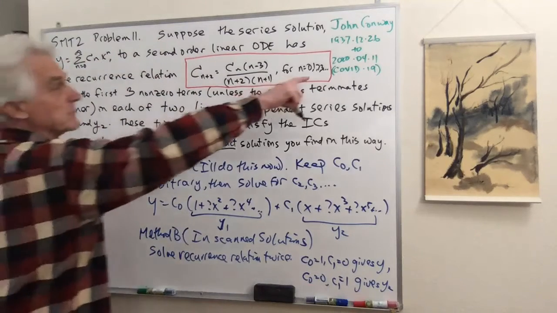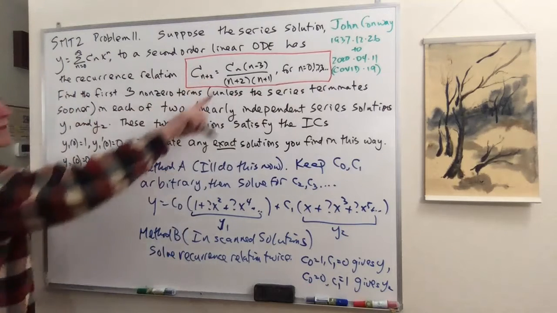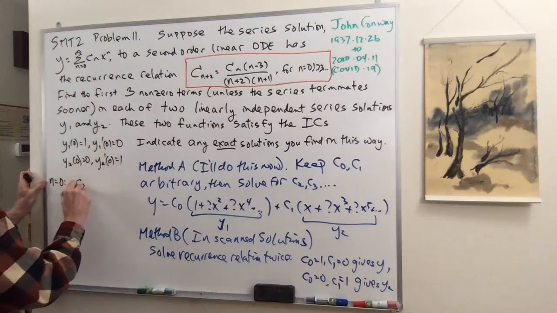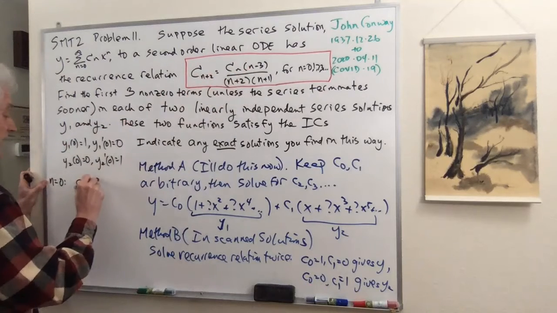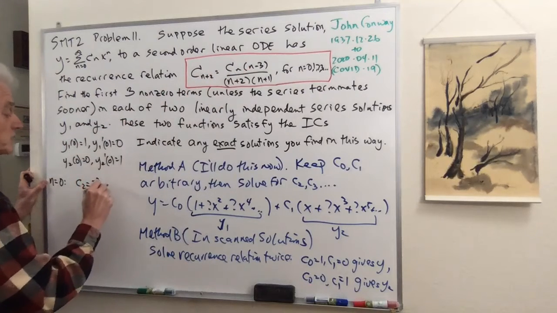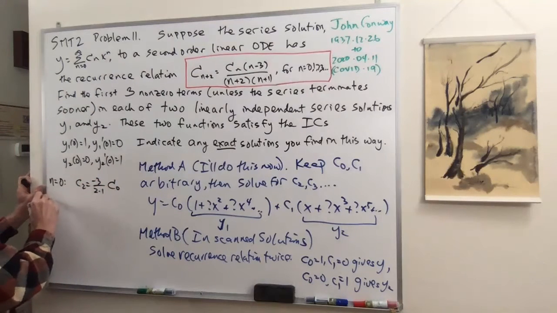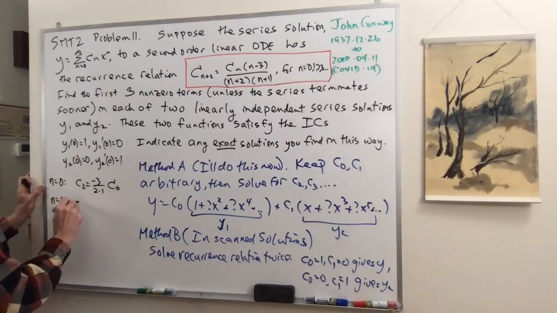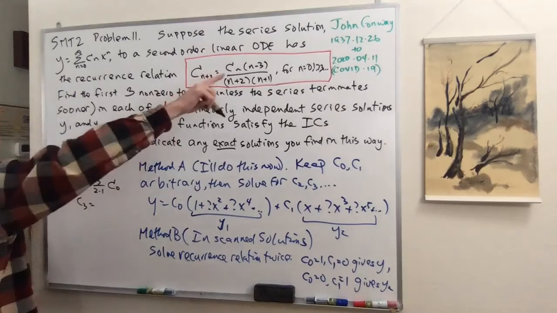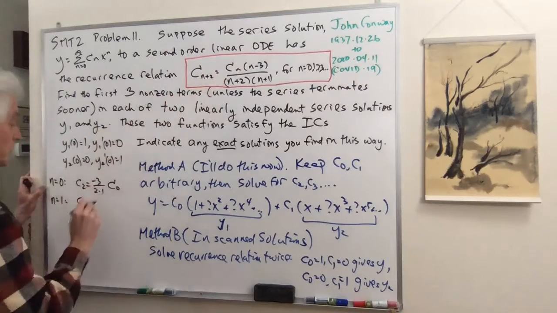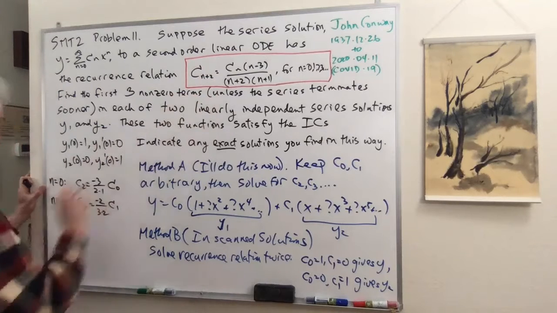The first one of these infinitely many equations is when n equals 0, and that gives C2 is negative 3 over 2 times 1, C0. And when n is 1, I get C3: 1 plus 2 is 3, 1 minus 3 is negative 2, over 3 times 2, times C1.